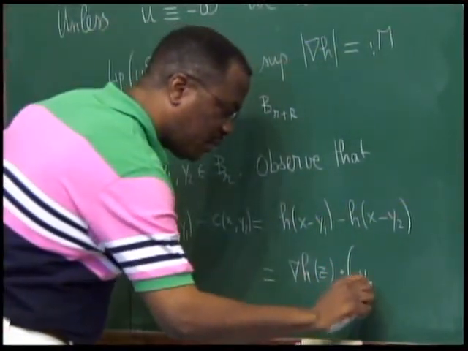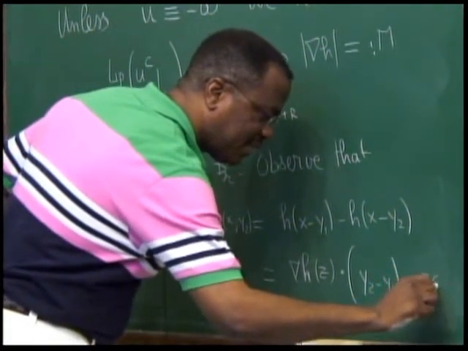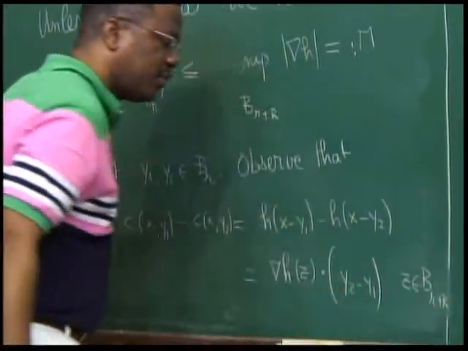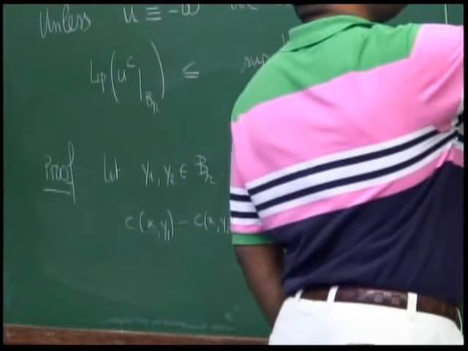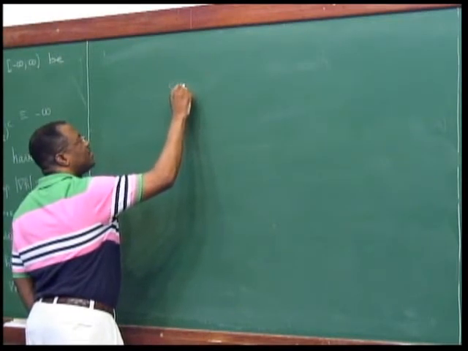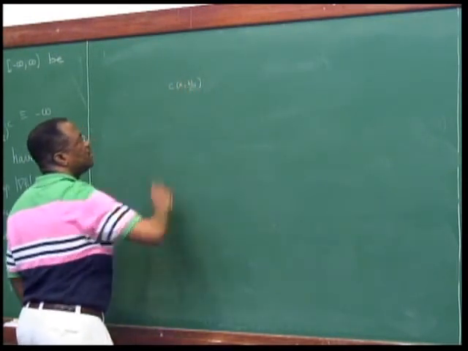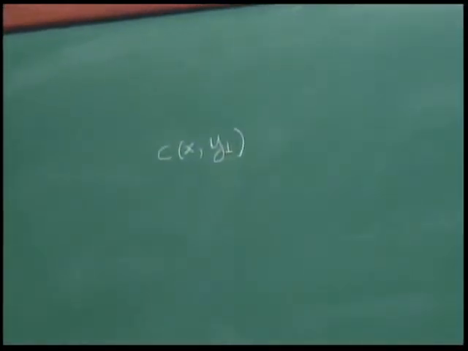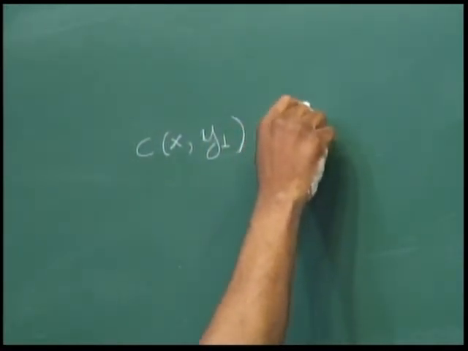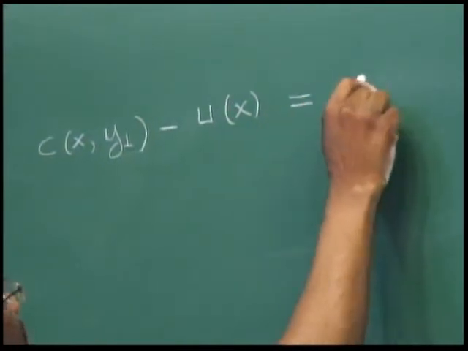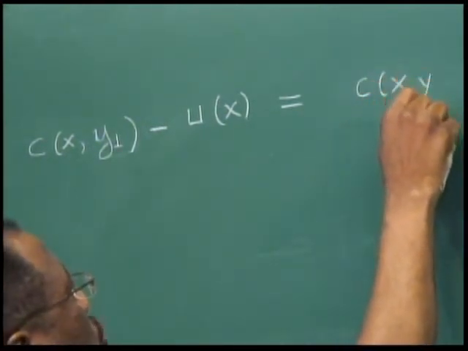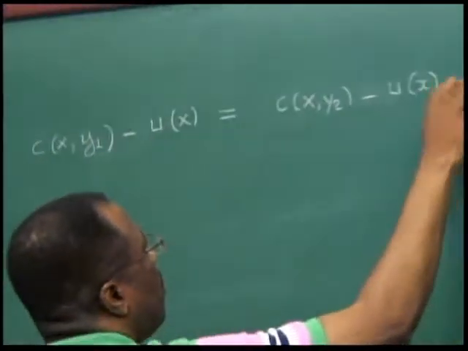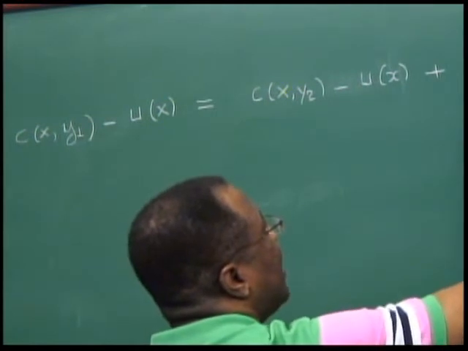But the difference of these two is y2 minus y1, where z is in the ball of center 0, radius little r plus capital R. So that is telling me that if I write C of x, y1 minus u of x, this is C of x, y2 minus u of x plus the gradient of h at z, inner product y2 minus y1.